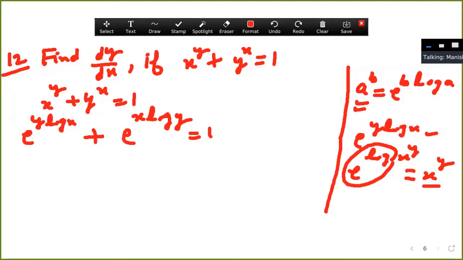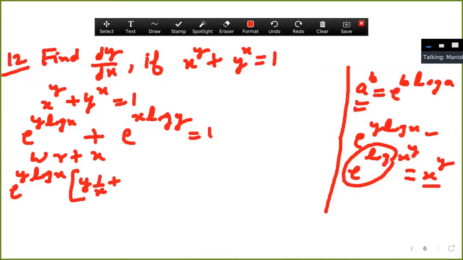Now differentiate with respect to x. What will you get? The derivative of e to the power t is e to the power t, so the chain rule applies. e to the power y log x as it is, and the derivative of that exponent y log x: y as it is, derivative of log x is 1 upon x, plus log x as it is, derivative of y is dy upon dx.